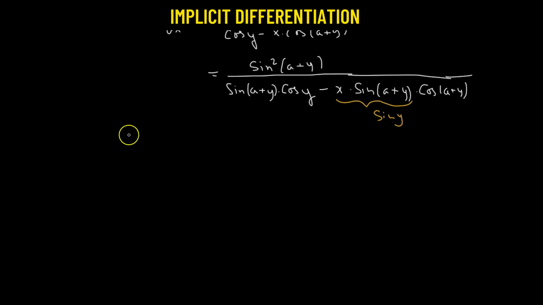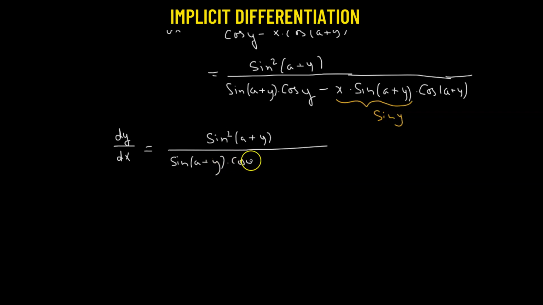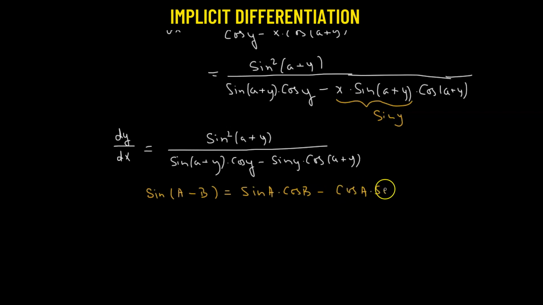So let's rewrite everything. We now have the derivative of y with respect to x given by sin squared of (a + y) divided by sin(a + y) multiplied by cos y minus sin y multiplied by cos(a + y). Now here we are going to use the fact that whenever we have sin(a minus b), that's given by sin a times cos b minus cos a times sin b.